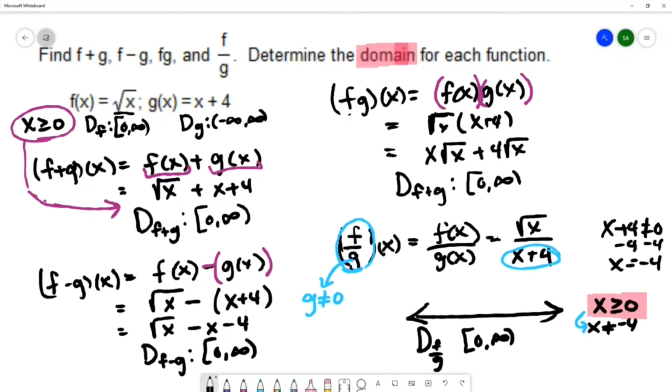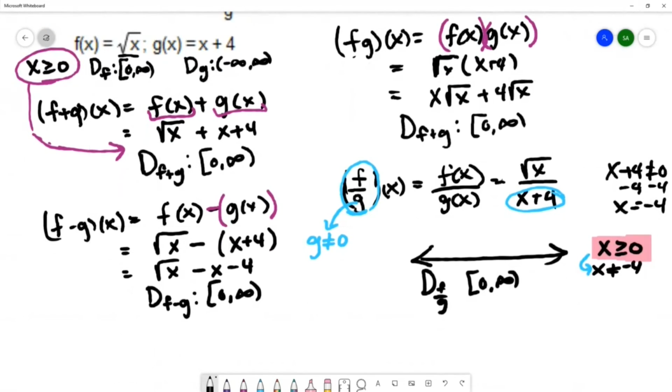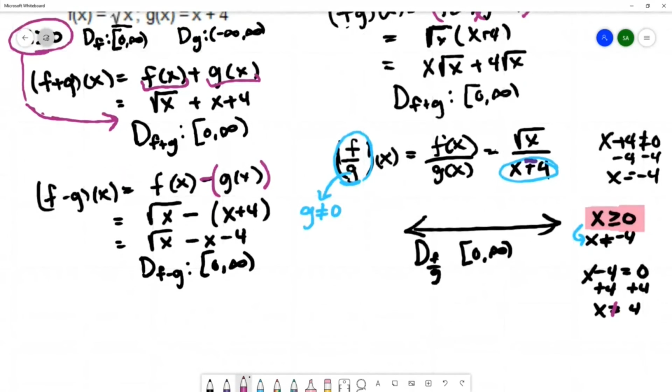But let's consider for just a second here, what if this wasn't an x plus 4? What if it was a -4? If it was x minus 4, we would add 4, and now we have this extra restriction that x cannot equal 4. So what I'm talking about right here is hypothetical.